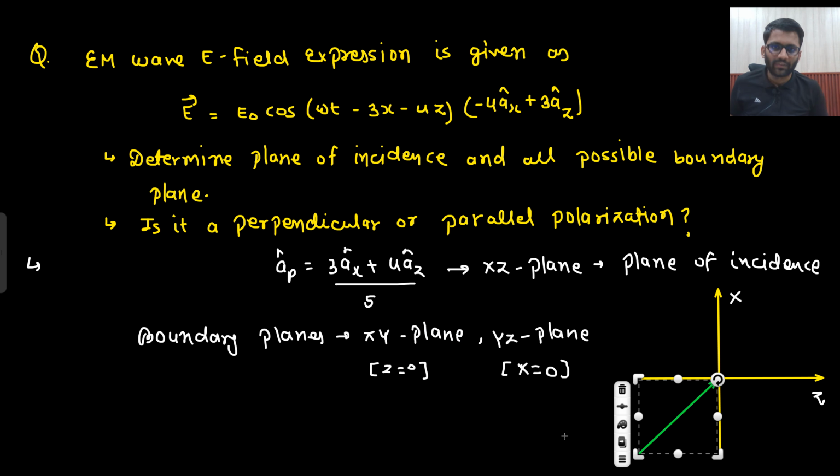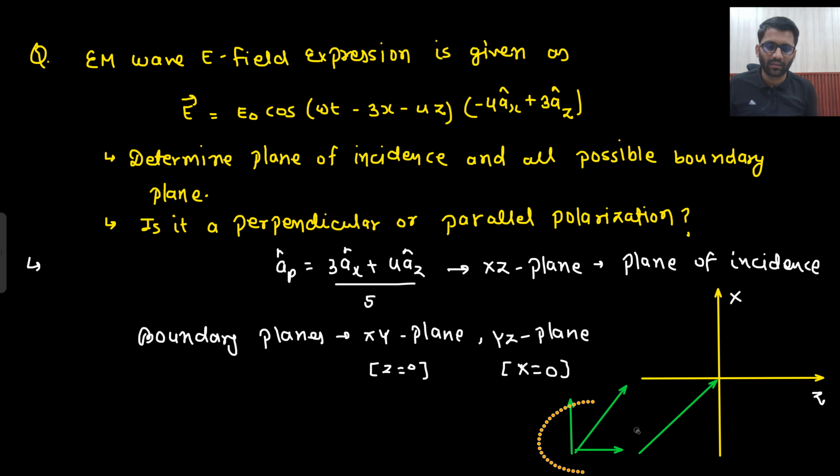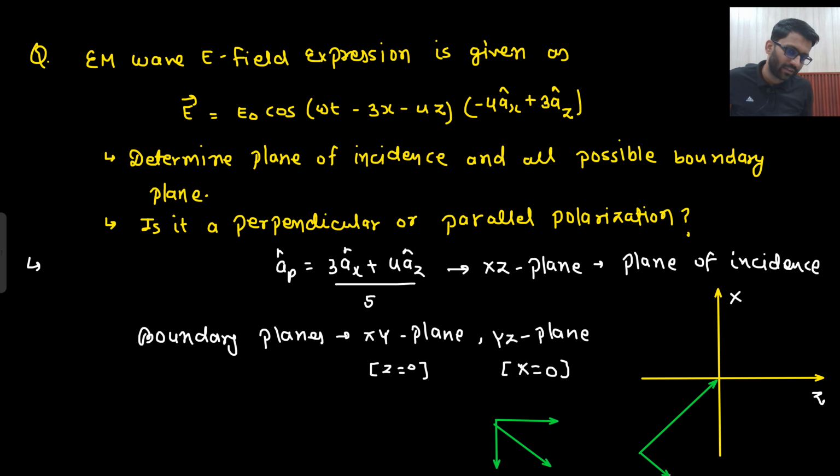So this is how my wave is going: 3 in X and 4 in Z. Now, where is minus 4a_x plus 3a_z? That means 4 in minus X and 3 in Z. This is the direction of electric field.